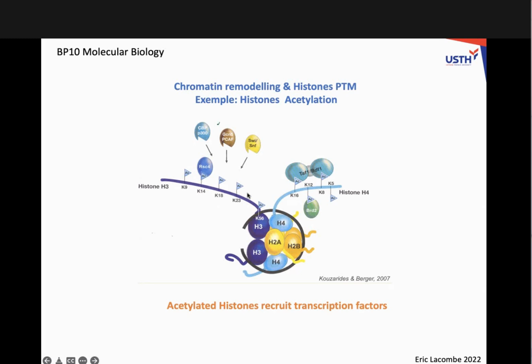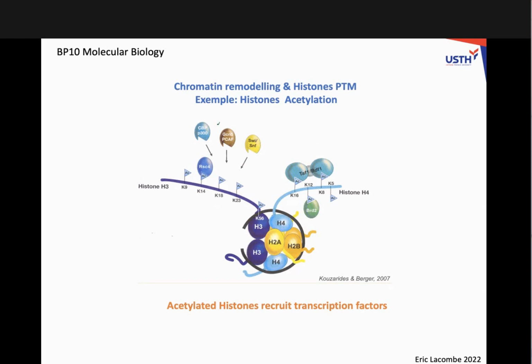You see the difference between the writer and the reader. The writers are the partners that are going to write the different post-translational modifications, and the readers are the complexes that have an activity and are able to recognize these different marks. You understand the difference between the writers and the readers? It's okay?